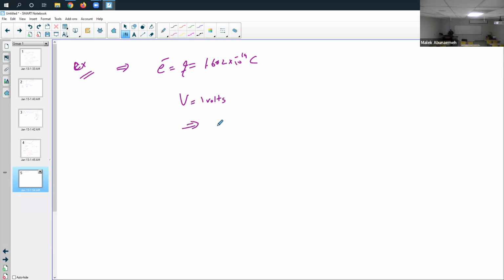That means your potential energy, which is your Q delta V, is going to equal 1.602 times 10 to the negative 19 times 1, which is again 1.602 times 10 to the negative 19.